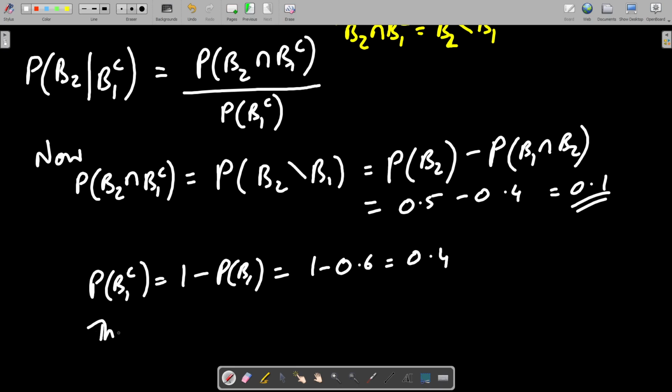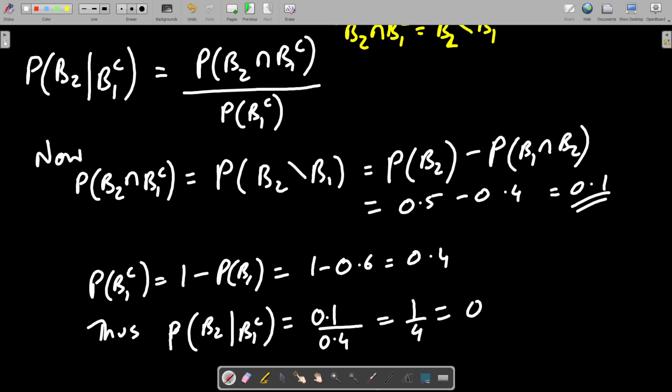Okay, so thus 0.1 upon 0.4, this will be 1 upon 4, which is 0.25. Okay, clear?